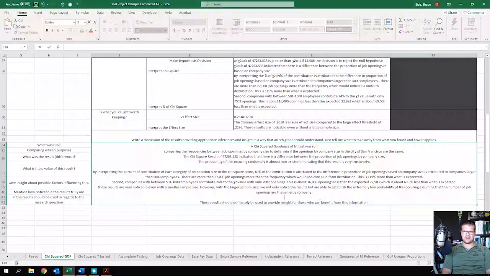So in this case, the effect size is very large, it's very noticeable, and the probability of being wrong is very small.